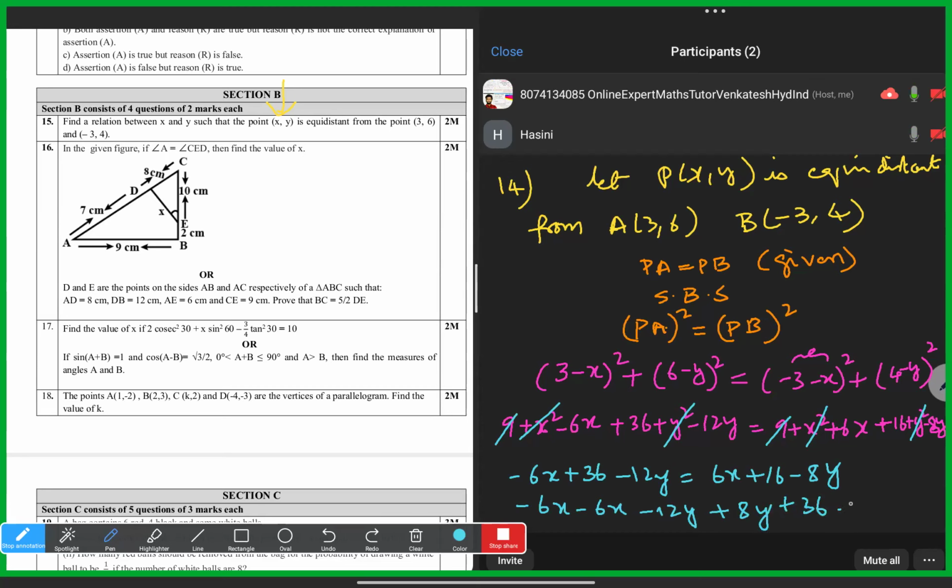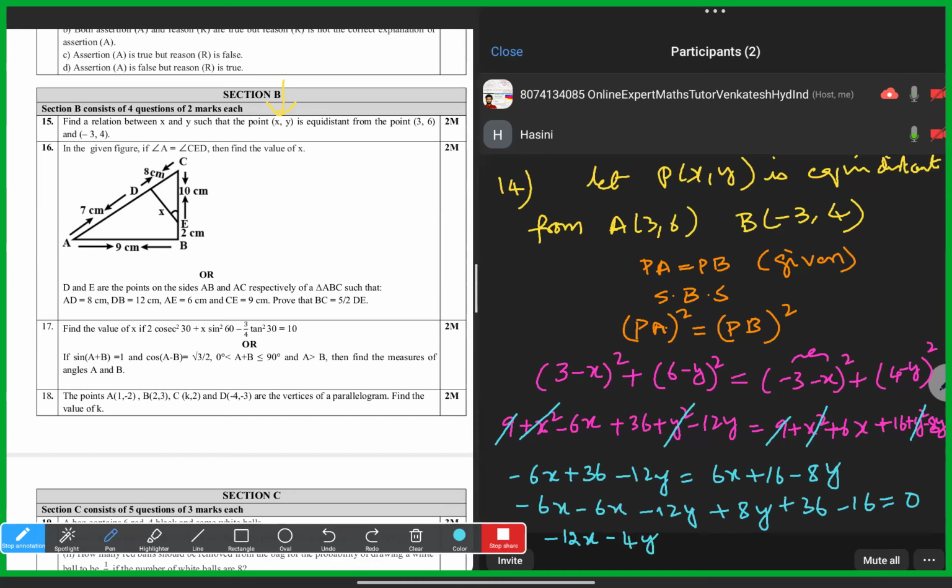Any doubt? Now minus 6x minus 6x is minus 12x. Minus 12y plus 8y will become minus 4y. Plus 36 minus 16 will become plus 20, equal to 0.